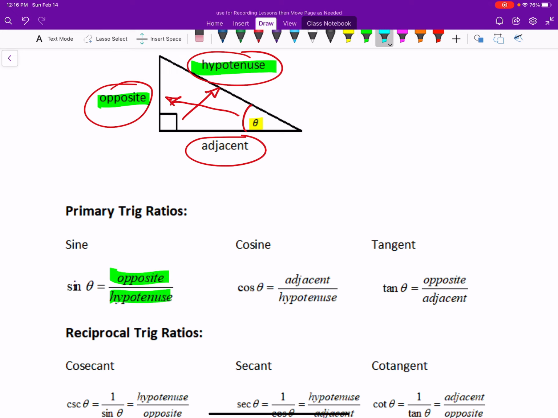The cosine ratio is simply the length of the adjacent side over the length of the hypotenuse. And the tangent ratio is simply the opposite side over the adjacent side.